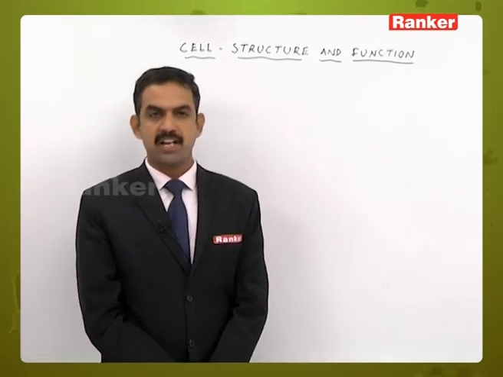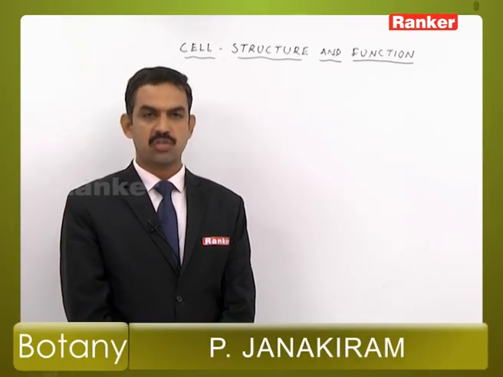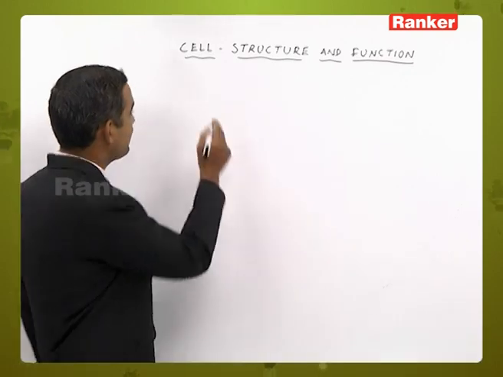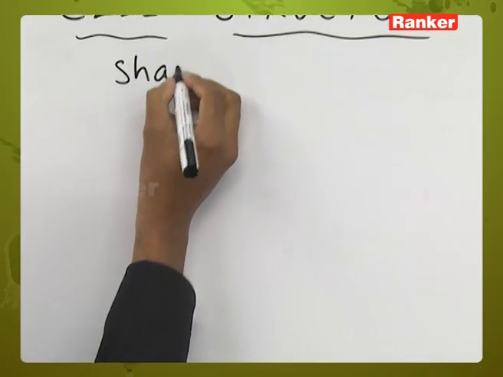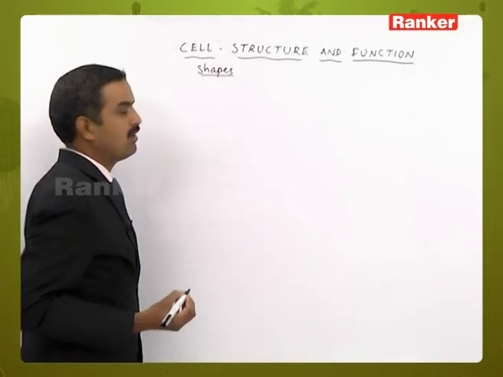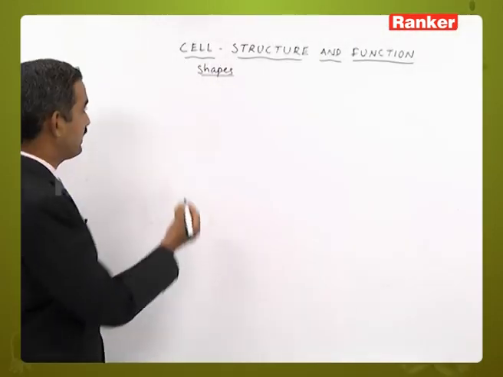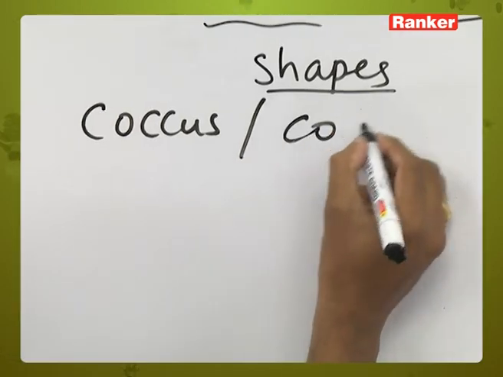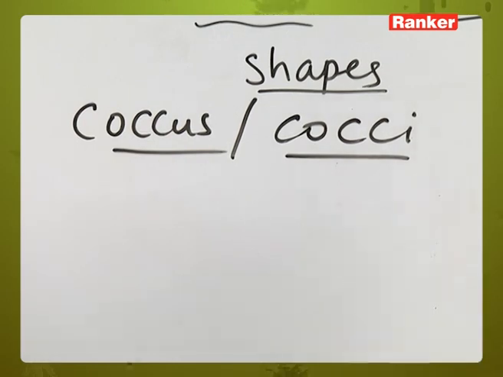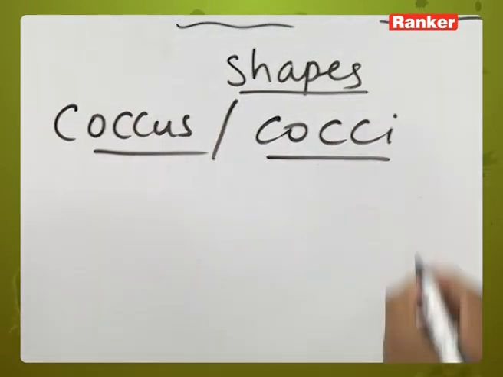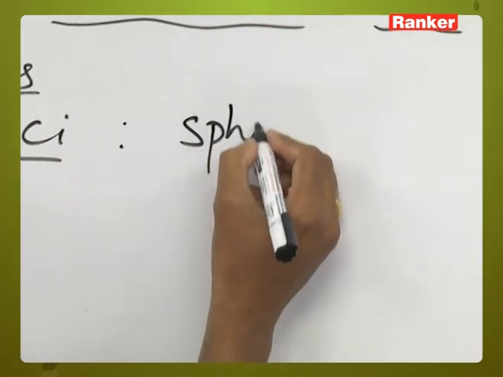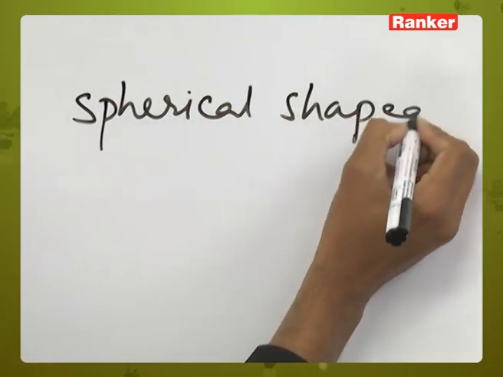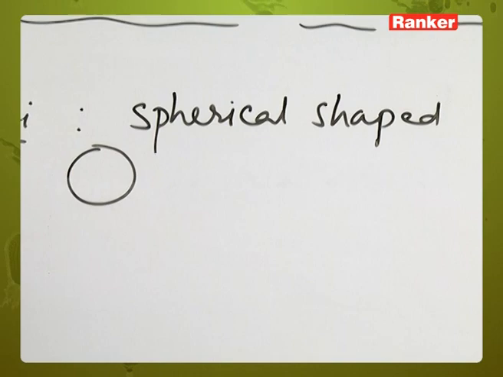There is a lot of variation in the sizes, shapes and structure of the bacterial cell. If you see the shapes of bacteria, basically 4 to 5 types are there, starting with coccus or cocci. Coccus is singular, cocci is plural. These spherical shaped bacteria are called cocci.